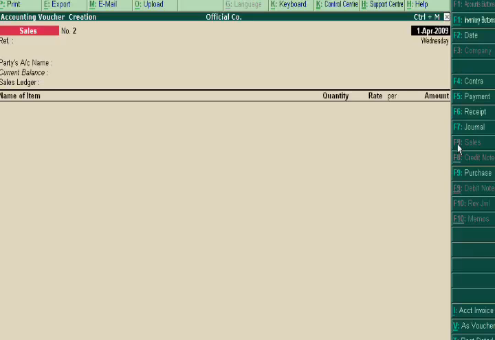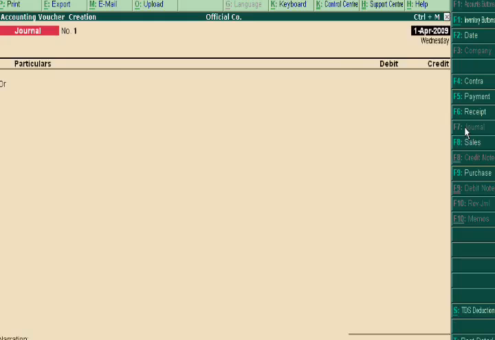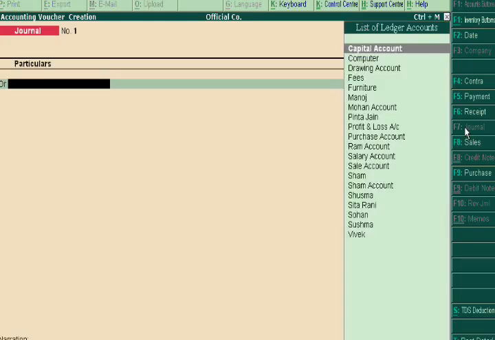If we sell the furniture on credit, we will pass it in journal voucher. Debit will be, and credit.